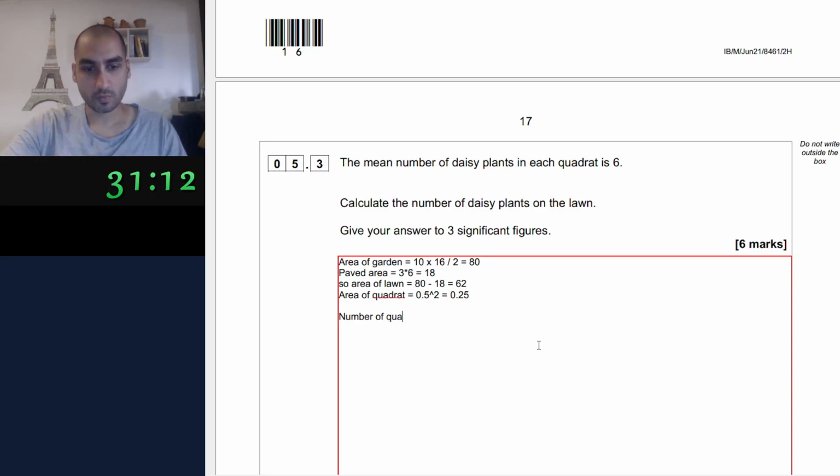Number of quadrats that make up the lawn equals 62 divided by 0.25 equals 248.